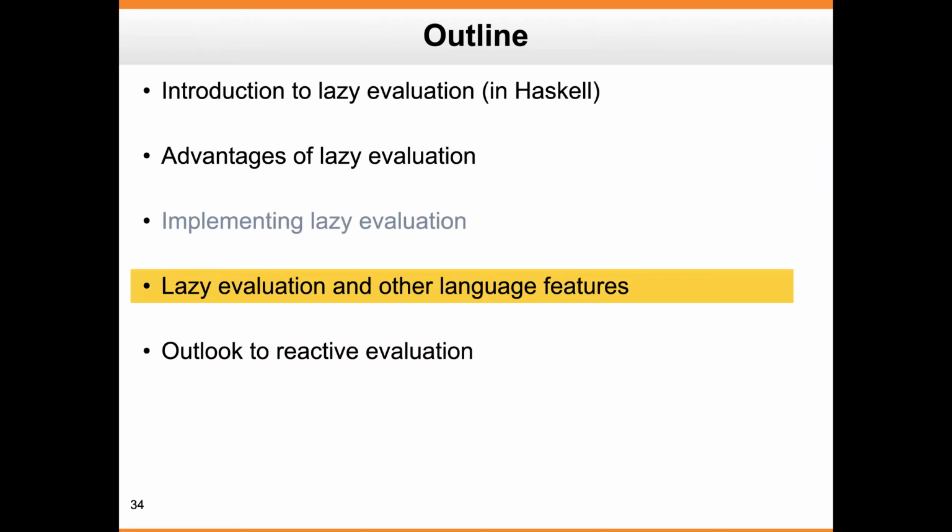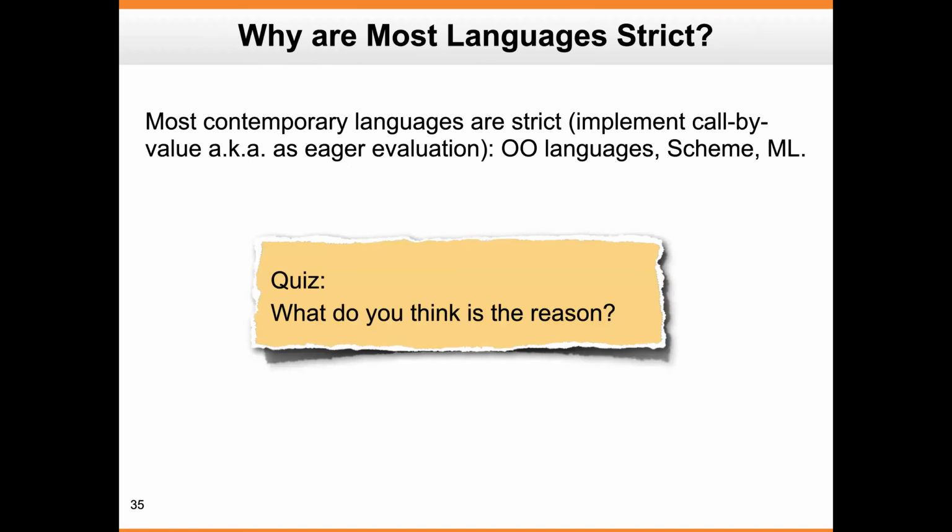Now, this sounds all very good. What are the downsides? How does lazy evaluation interact with other language features? Or to put the question differently, one might wonder, why do we mostly have languages with strict evaluation?